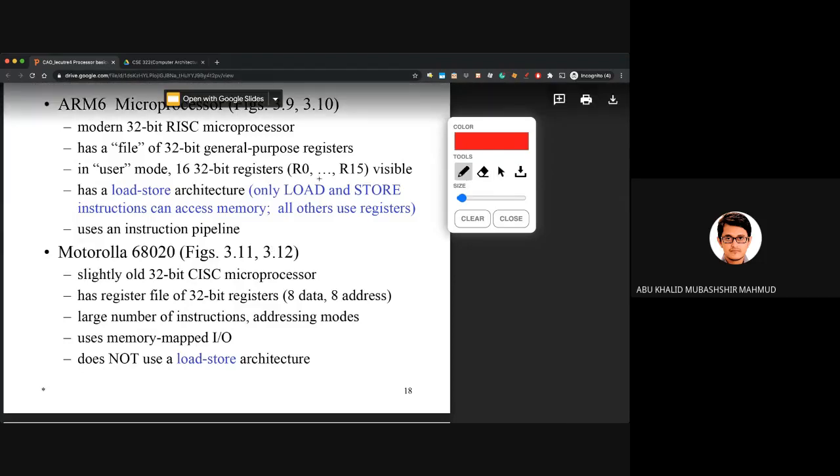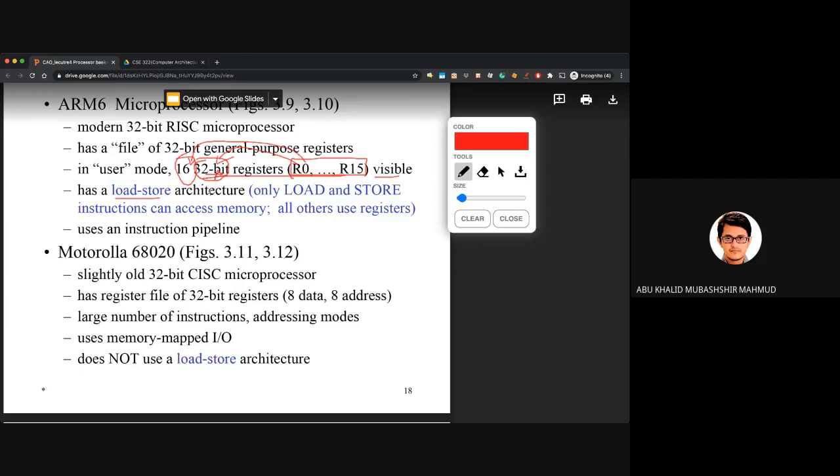That is, we have R0 to R15, that is 16 registers, each with a size of 32 bits. That is, R0 is 32 bit, R15 is 32 bit, which is visible.